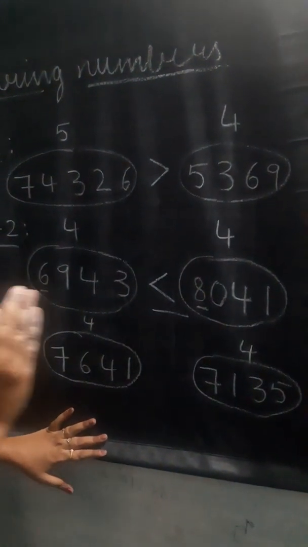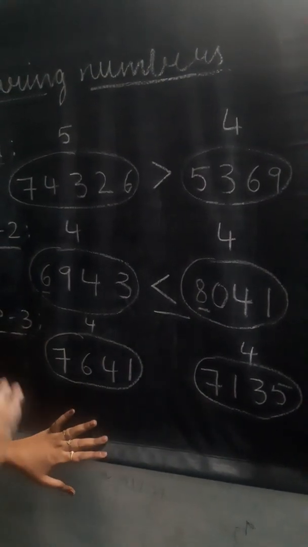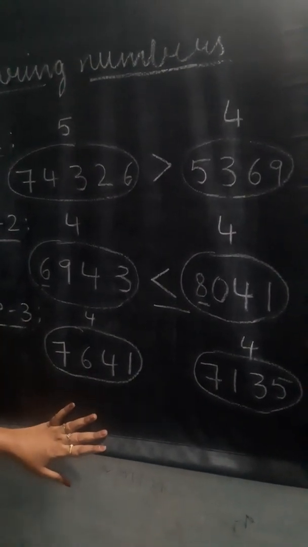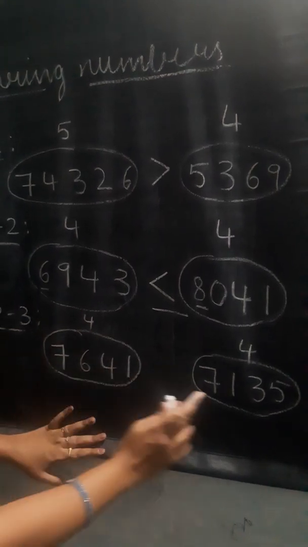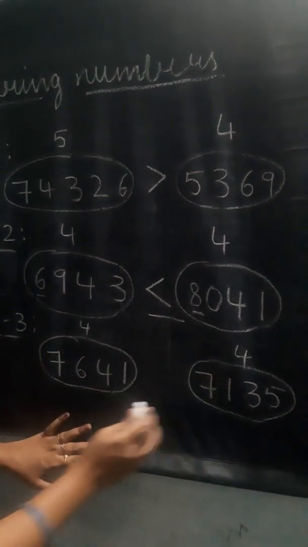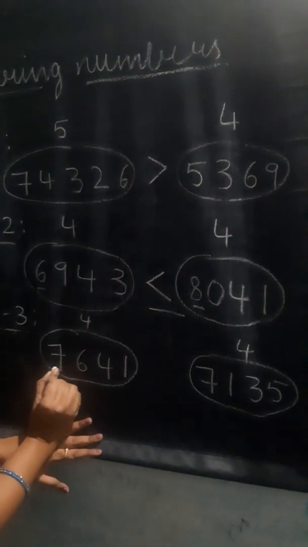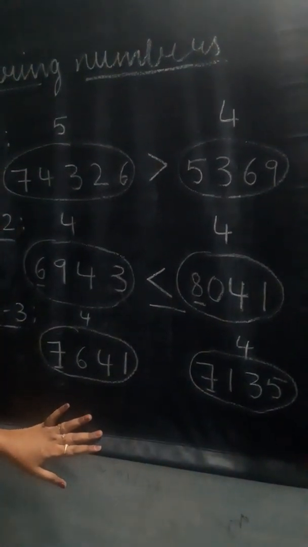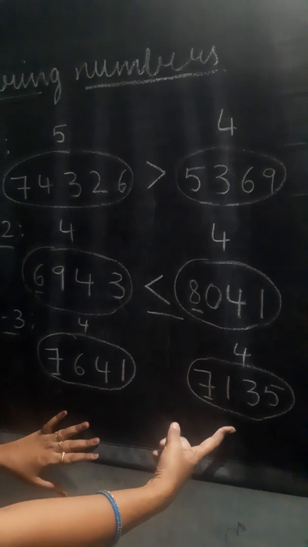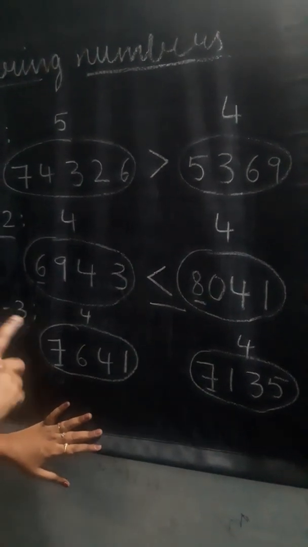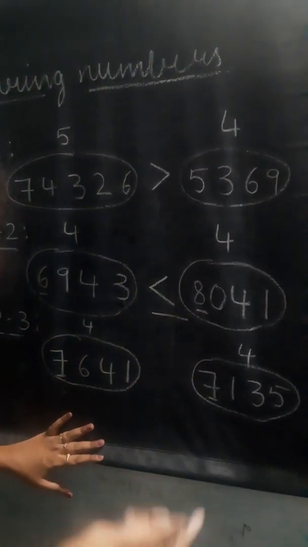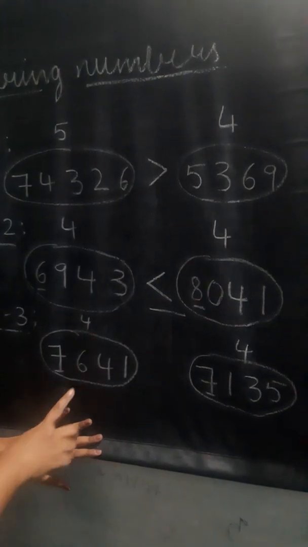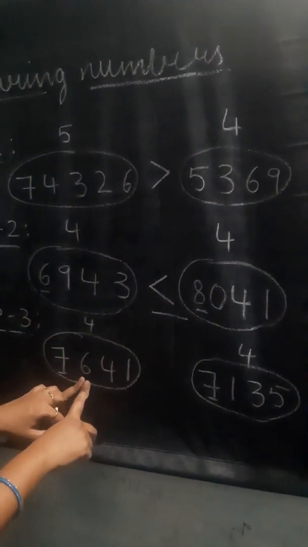If the number of digits are the same, then only you have to compare the digits of the numbers. Compare the first digit of the numbers. What is the first digit here? 7. Here also the first digit is 7. The first digits are the same. Then immediately you have to go to the second digit. What is the second digit here? 6.